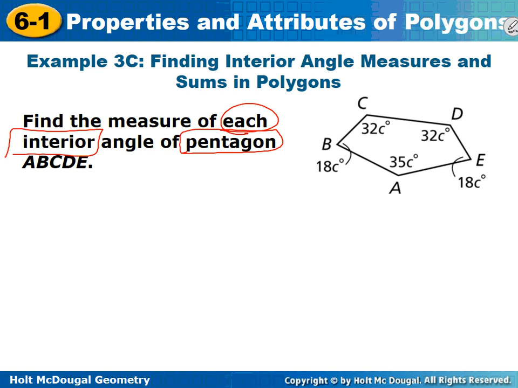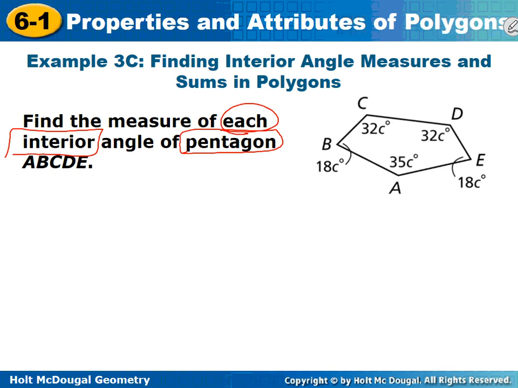Most common mistake I'll see usually on this section is students will add all these together, and what do you think they set them equal to? 180. Is this a triangle? No. Do the sum of all the angles in every polygon equal 180? No. That's what we just started out with, is this is how you find the sum. So you can't add these together and set them equal to 180. You're going to add them together and set them equal to what?